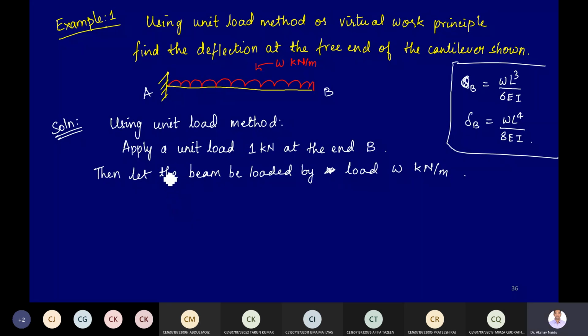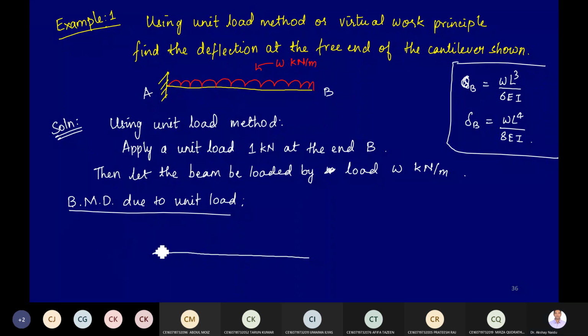Now the bending moment diagram due to the unit load. If just a unit load is applied, we are finding small m. So the bending moment diagram will be a straight line.